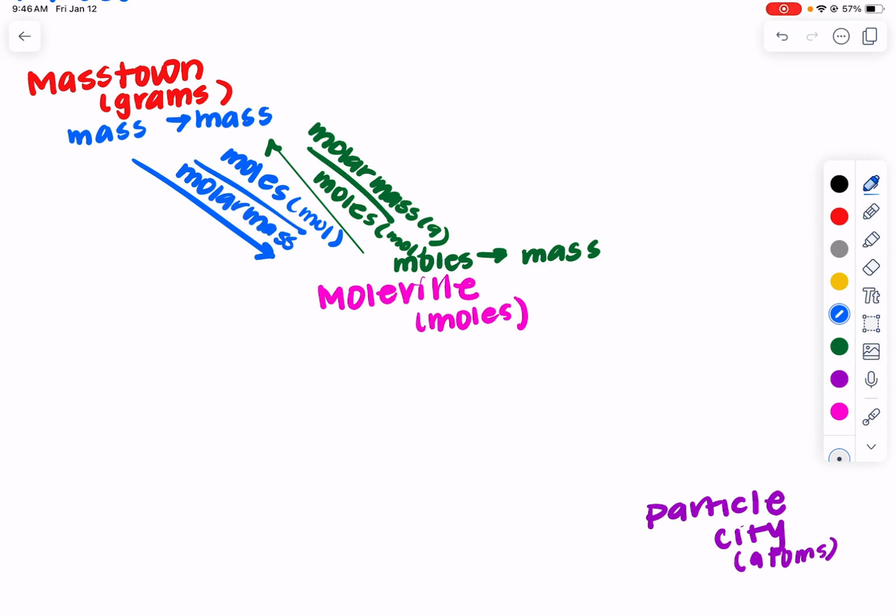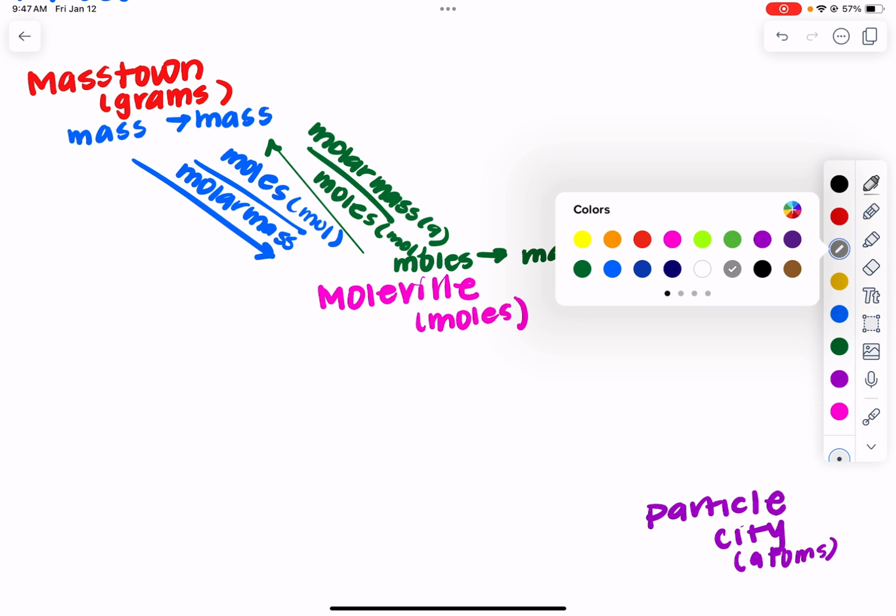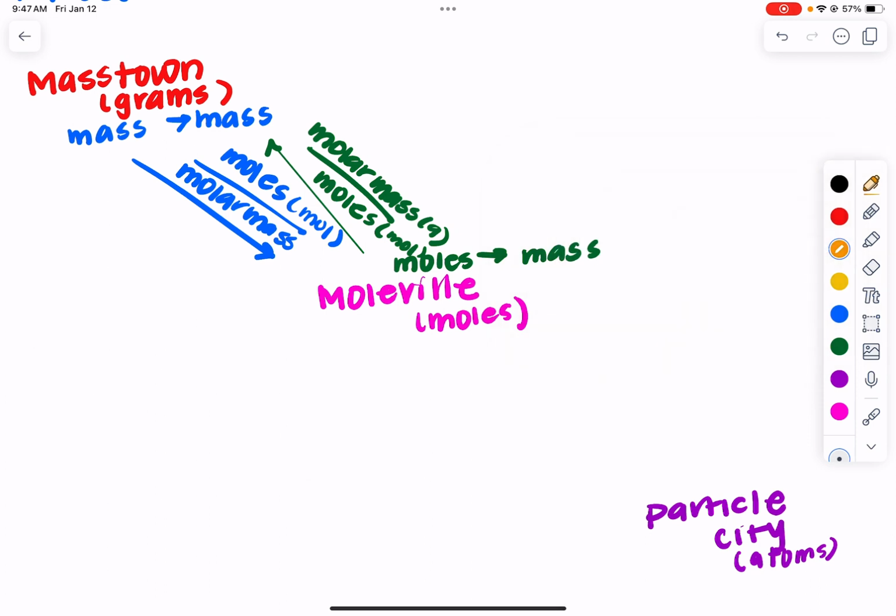Okay? And it's the same kind of principle if we wanted to go from atoms to moles. We would put 1 mole on top and 6.02 times 10 to the 23rd on the bottom.